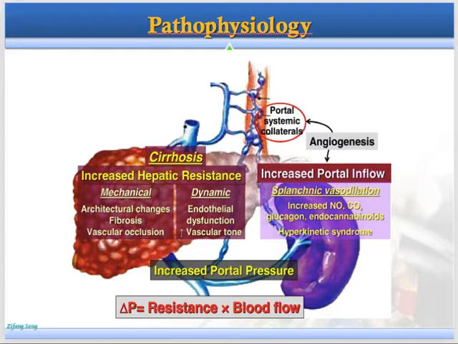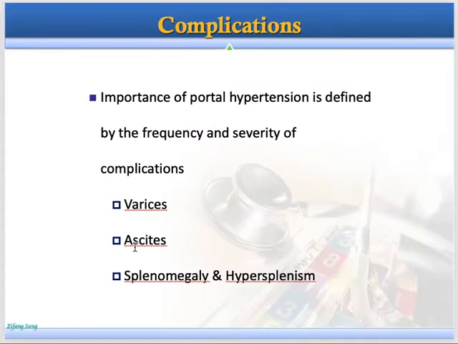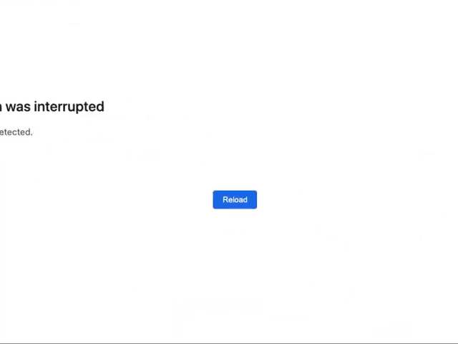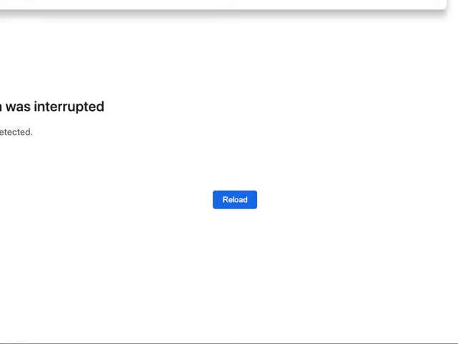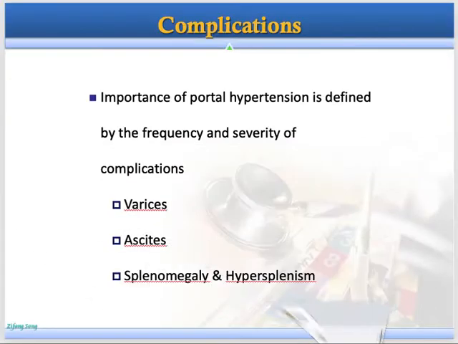Okay, so one of the complications is the formation of varices, and then there is ascites. Now, what is ascites? Ascites is simply a collection of extra fluid in the abdominal cavity. Any patient who has ascites, you will find that their tummy is very distended, right?